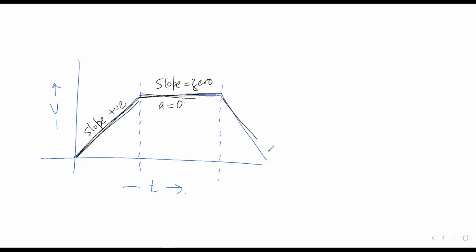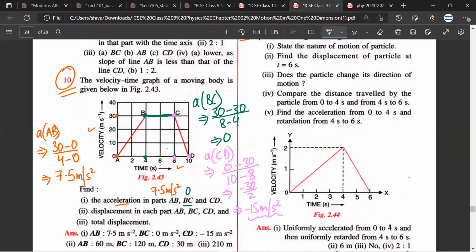And in this part of the graph, the slope is negative. That is why the acceleration was negative, and negative acceleration is also called retardation. Are we clear? Yes, sir. These kinds of questions are very important from the IGCSE point of view. They usually come.